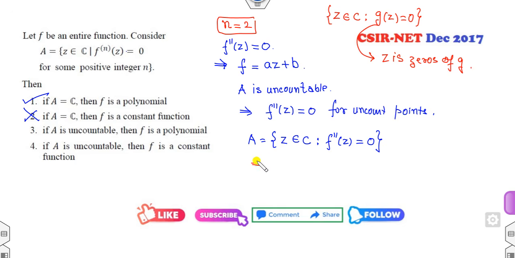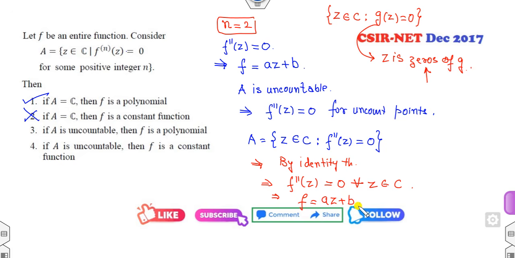Once we are talking about the zeros, we call it the identity theorem. Once it's the identity theorem, that means this function is identically 0 for all those z in C. So once the second derivative is 0, again you can see the function is a polynomial. So it's not a constant, it's a polynomial, that is right.